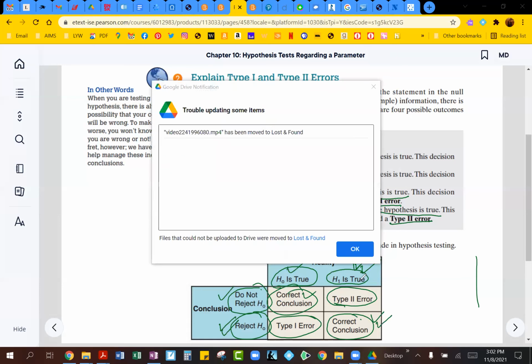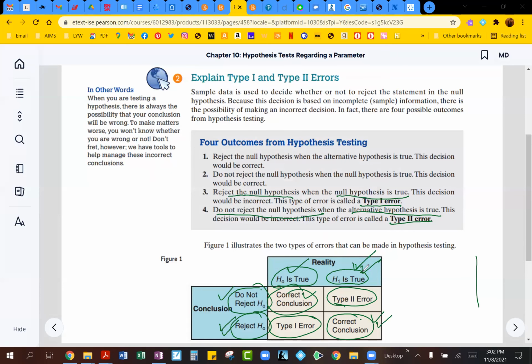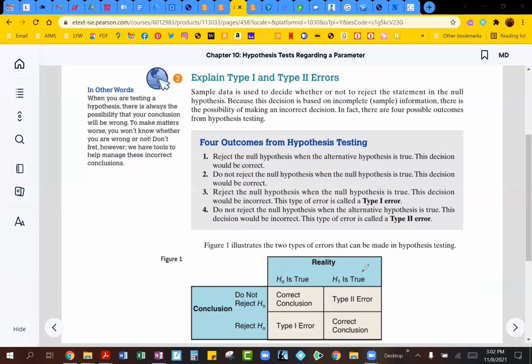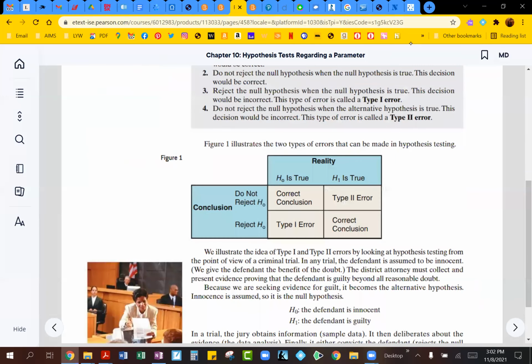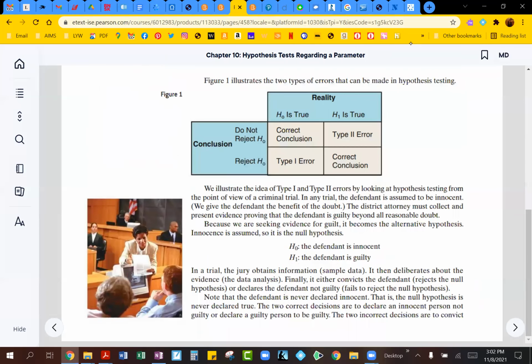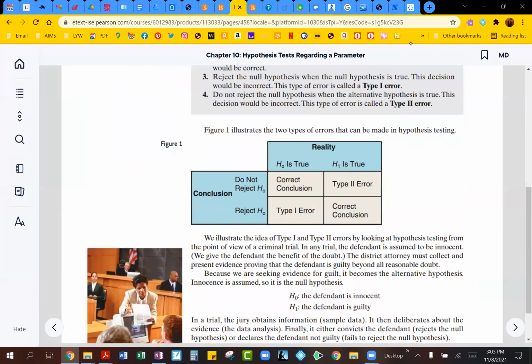This is going to be very individualized based on each problem or example you look at, but this is the general premise when you're working with hypothesis testing. You've got null hypotheses and alternative hypotheses, and the decisions you make based on that will lead you to either correct conclusions or type 1 or type 2 errors.